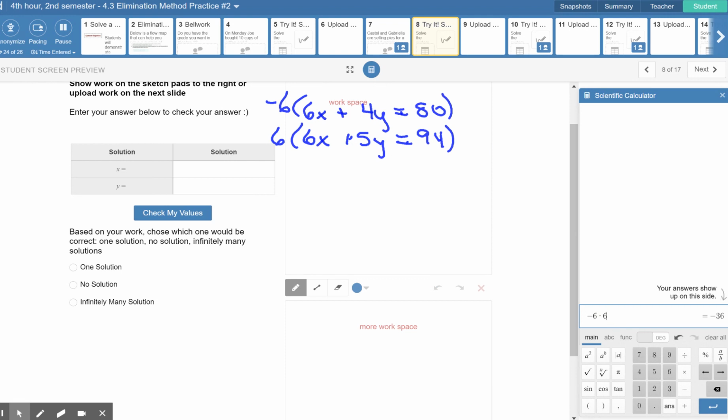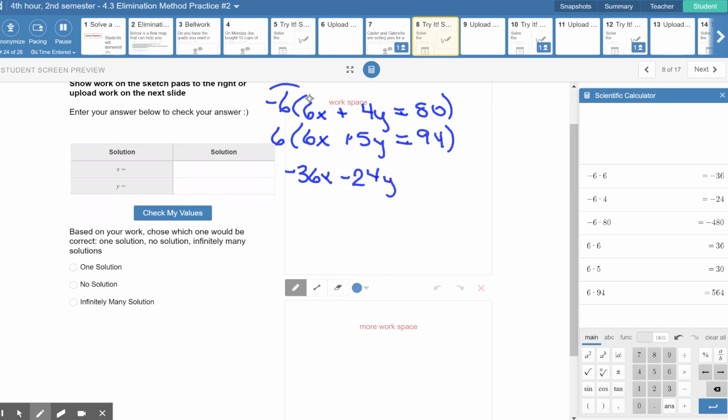So -6 times 6 gets you -36x, and then minus 24y, and -6 times 80 is -480. 6 times 6x is 36x plus 30y, and then 6 times 94 is going to be a big number, and that's okay.